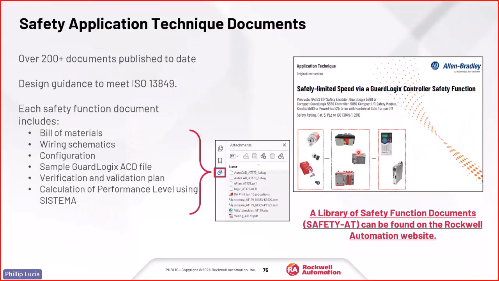So here are a couple of tools and references to know about. These are over 200 safety function applications that people at Rockwell have already developed. There are schematics, bills of materials, even programming segments for your Logix ladder, safety ladder, system calculations, and a verification and validation checklist.